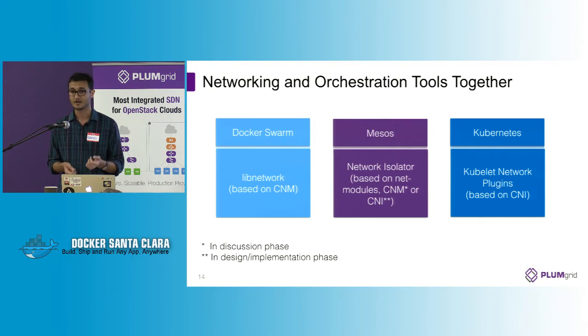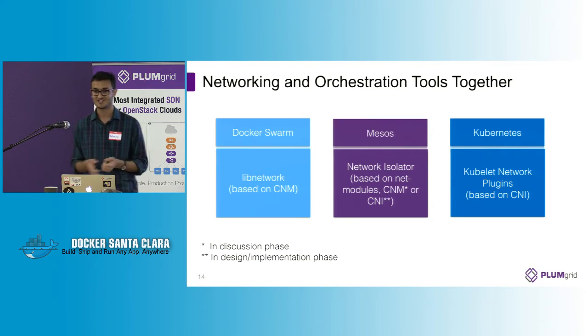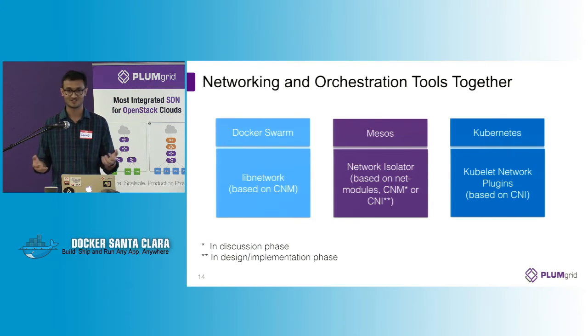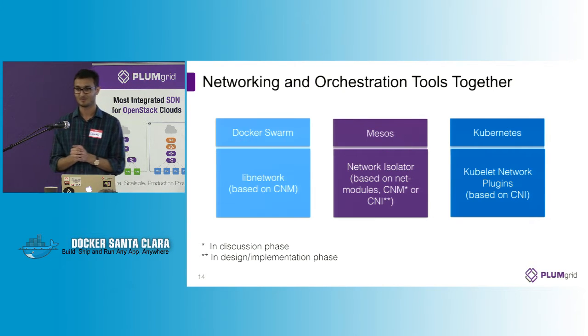It's called net modules. Then CNM, which we just talked about, is also under discussion. If CNM becomes part of Mesos, networking in Mesos can be provisioned in a CNM model. And the third one is CNI, which I just talked about as well. This is in implementation phases. Since Mesos is huge and there are lots of use cases and lots of containerizers, there are different groups trying to implement different things.